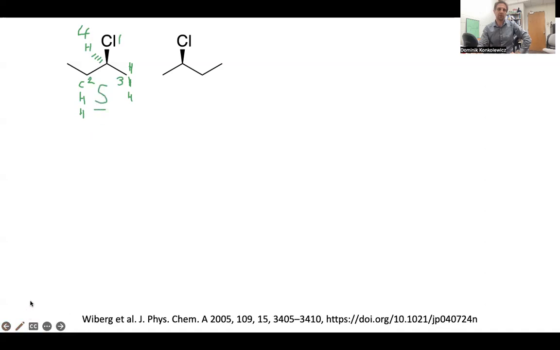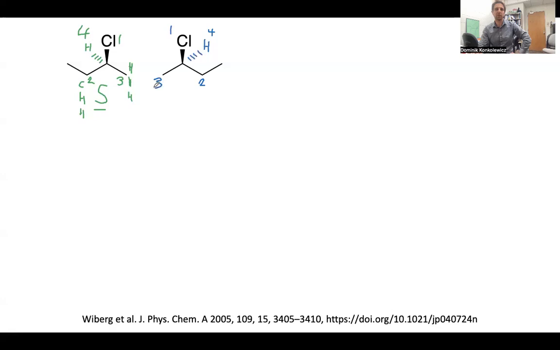And then if we go ahead and do the other mirror image, again, our priorities are 1 for the chlorine, 4 for the hydrogen, that's implicit, but it's actually a dashed group because all the other groups are drawn in. Again, our ethyl chain will be priority 2, and our methyl group will be priority 3.